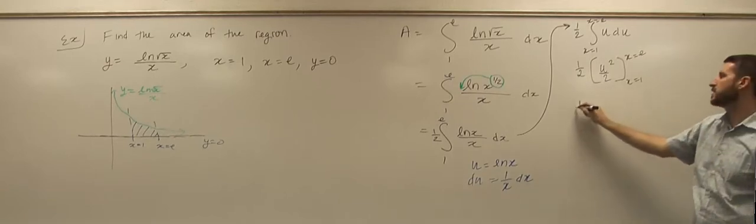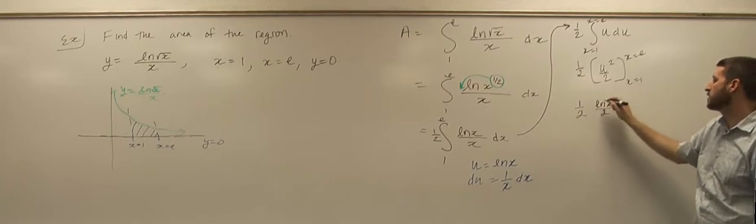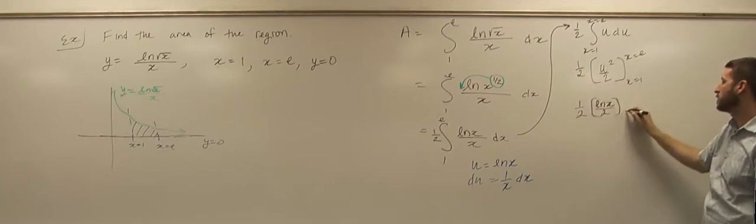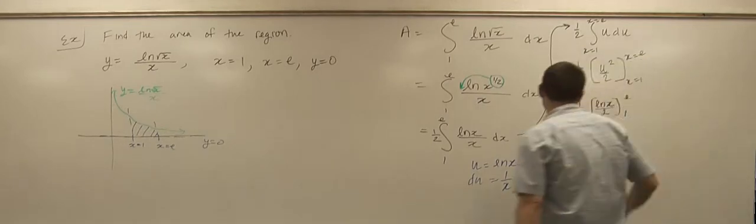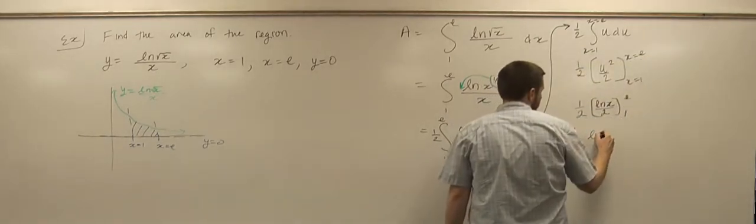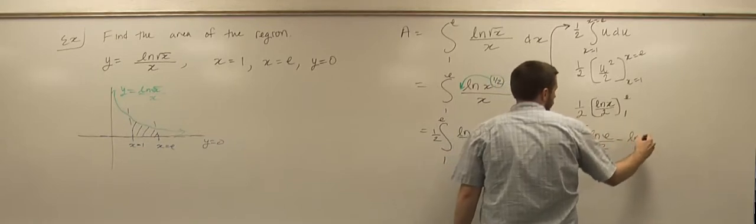Change back to x's. u is equal to ln x. We evaluate from 1 to e. So 1/2 times ln of e squared over 2 minus ln of 1 squared over 2.